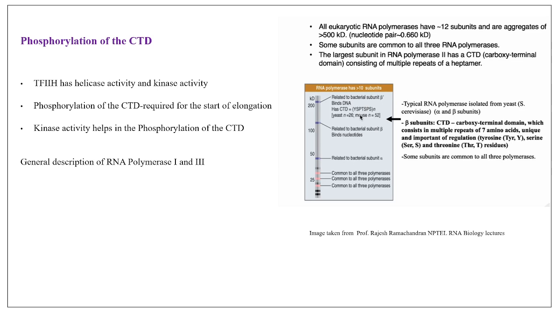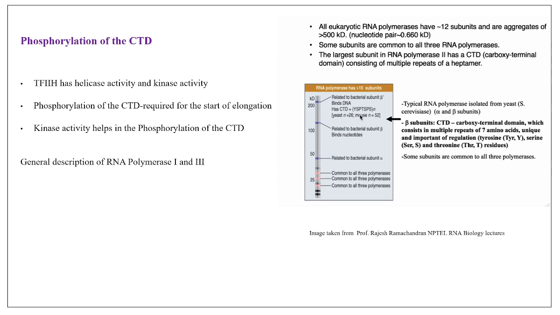Now we come to the phosphorylation of the C-terminal domain. As I was telling you, the helicase activity is very much required, present at the last, and it is provided by transcription factor 2H, TFIIH. This transcription factor 2H has helicase activity and kinase activity also. This helicase and kinase activity helps in the phosphorylation of the C-terminal domain.